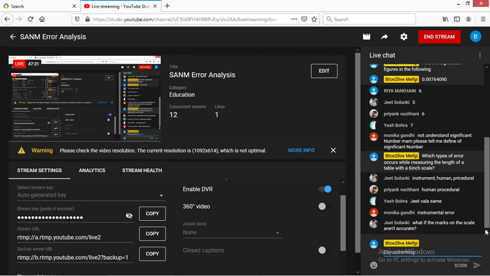Okay, your doubt is, what if the marks on the scale are not accurate? Yeah, that can be there. So in this way, each and every instrument you use will have instrumental error. Suppose no, that's not possible. Let's take an idea.